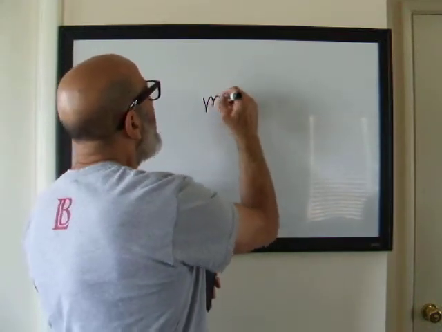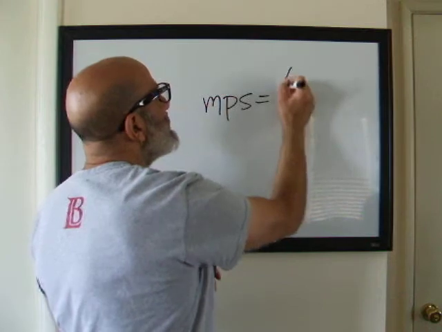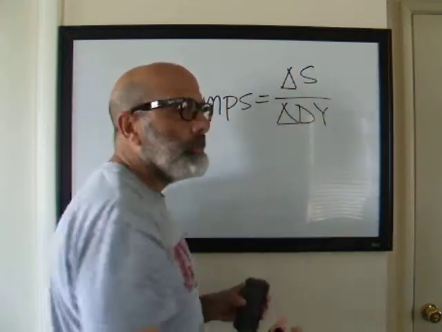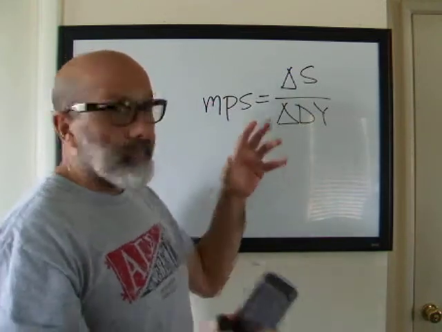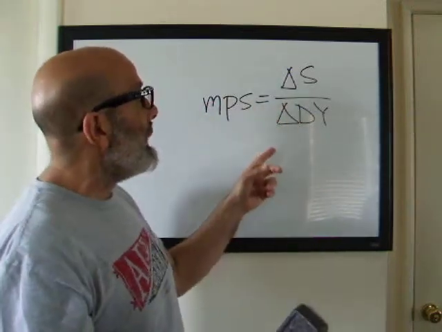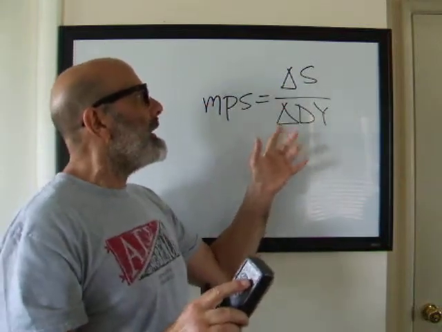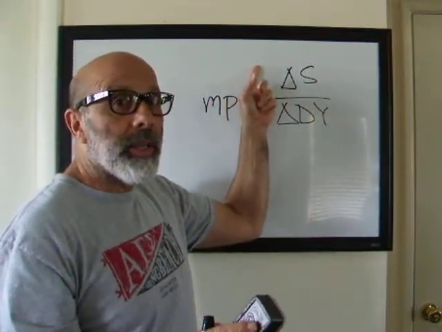So I want to go ahead and map out marginal propensity to save real quick, and then we're going to tie the ideas together. Marginal propensity to save is the change in saving divided by the change in disposable income. So this has really similar ideas. It says, what's the thing, other things being equal, that's probably going to add to us having opportunities to save?